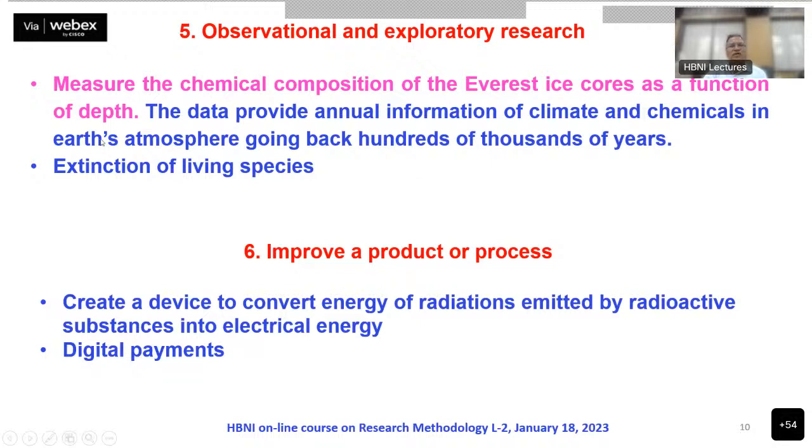What is the use? It will provide the annual information of climate and chemicals in Earth's atmosphere going back hundreds of thousands of years. See, when the snowfall is there, along with the snow, the environmental pollutants are also deposited. And so, if you do the composition of this ice sample, you know how the pollutants got deposited, and then you can try to predict the rate at which the pollutants are generated.